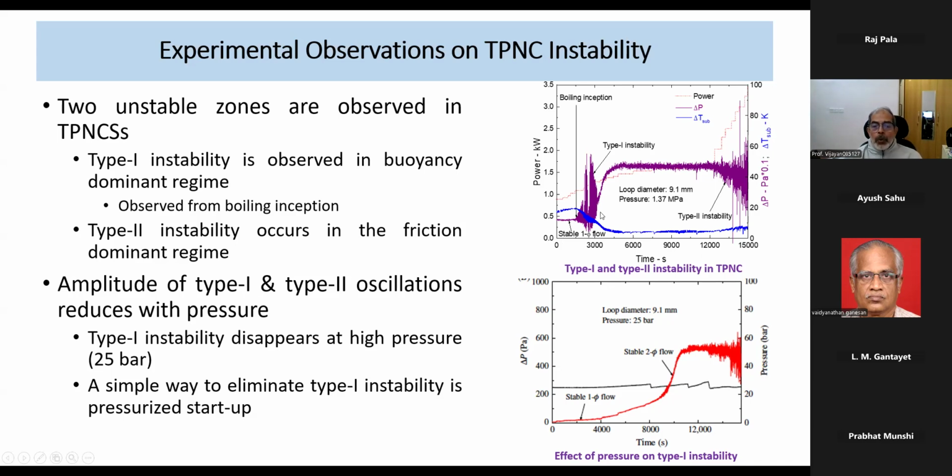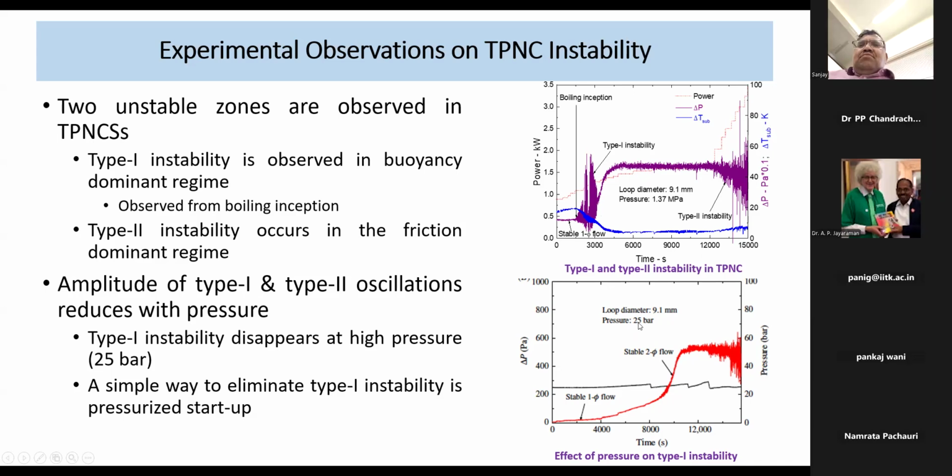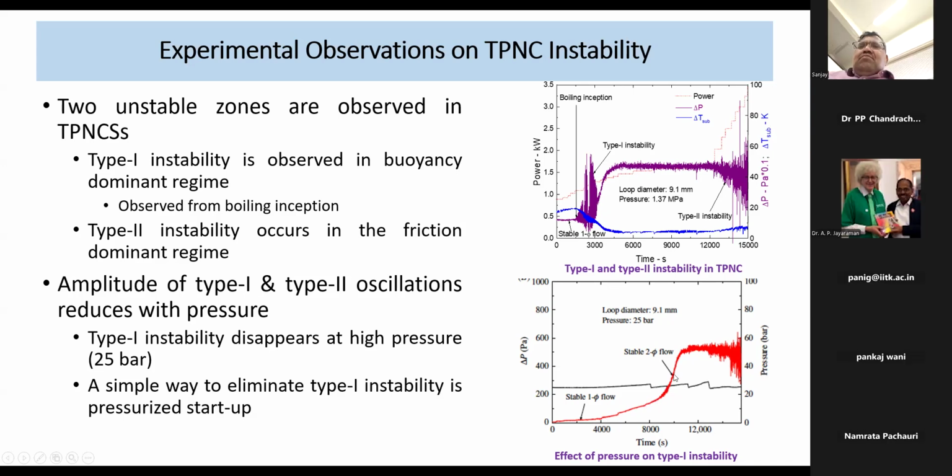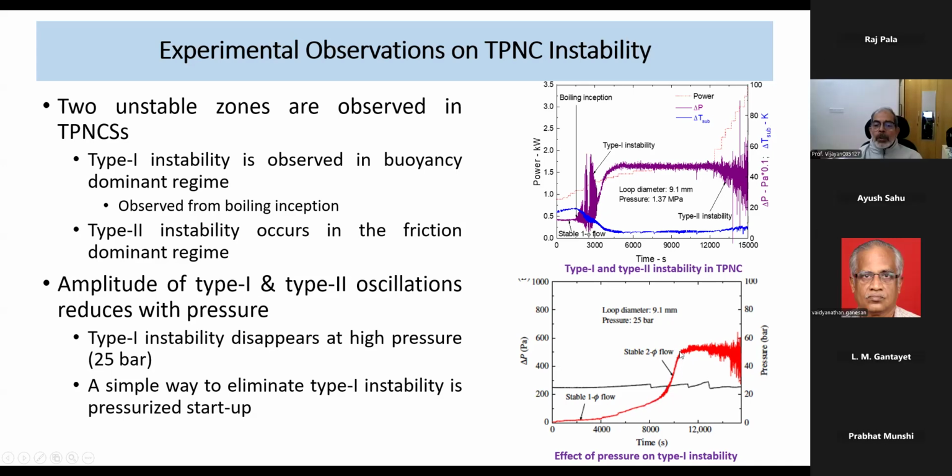Now, in nuclear reactors we don't want the type 1 instability. So if we pressurize the system, this is the case if you are operating at 1.37 megapascal, that is 13.7 bar. But if you go to 25 bar, we find you get stable single phase flow and stable two-phase flow without any type 1 instability.